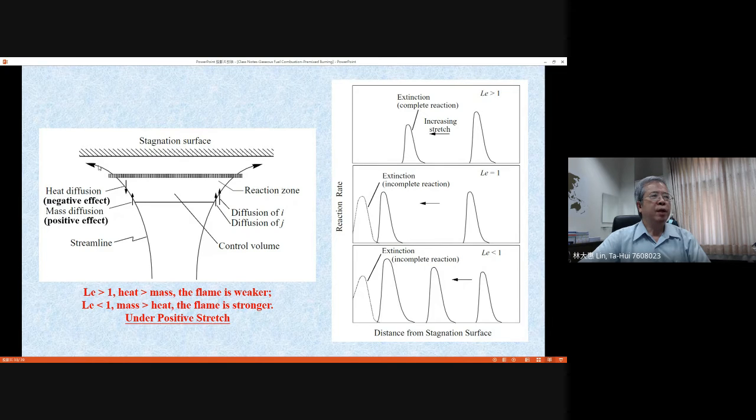Because all the mass is defined by a confined stream tube, remember the stream tube does not allow mass flow crossing the streamline. They are confined because the velocity is tangent to the streamline. You do not have a normal velocity to let the flow inside the stream tube flow to the outer region.